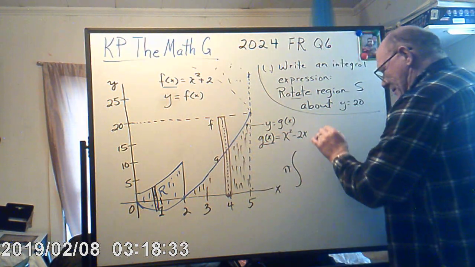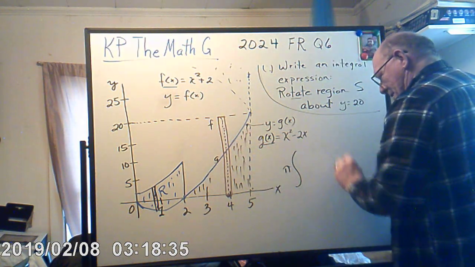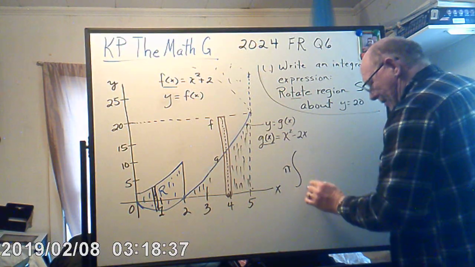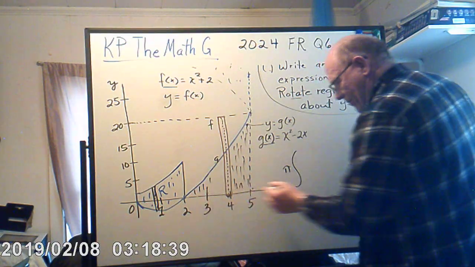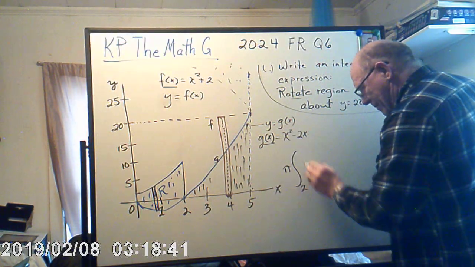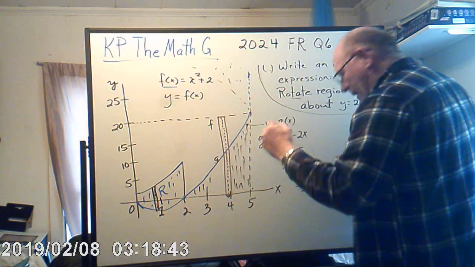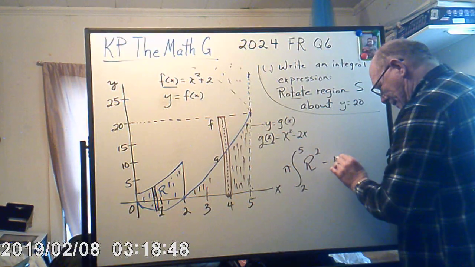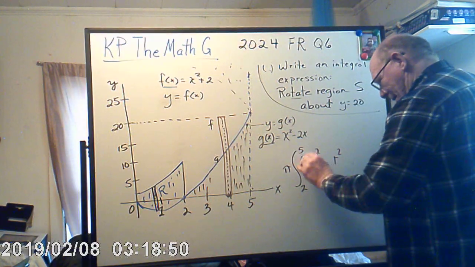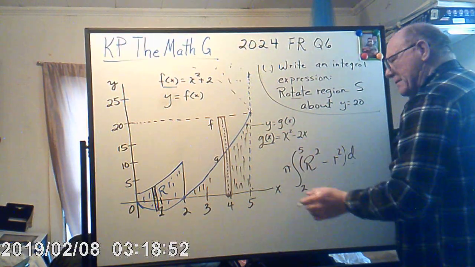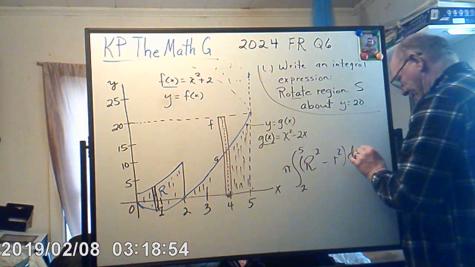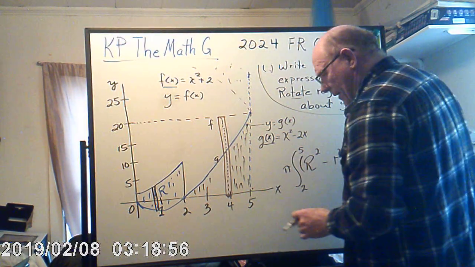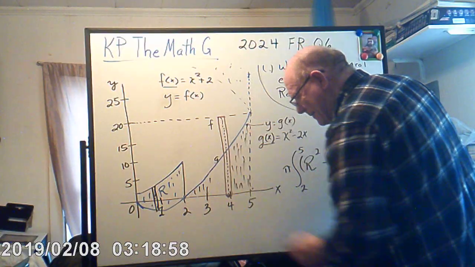So it's always going to be something like this. It's going to be pi, integral from 2 to 5. Always remember what that's going from. And you're looking at big R squared minus little r squared, and then of course delta x, the thickness of that.